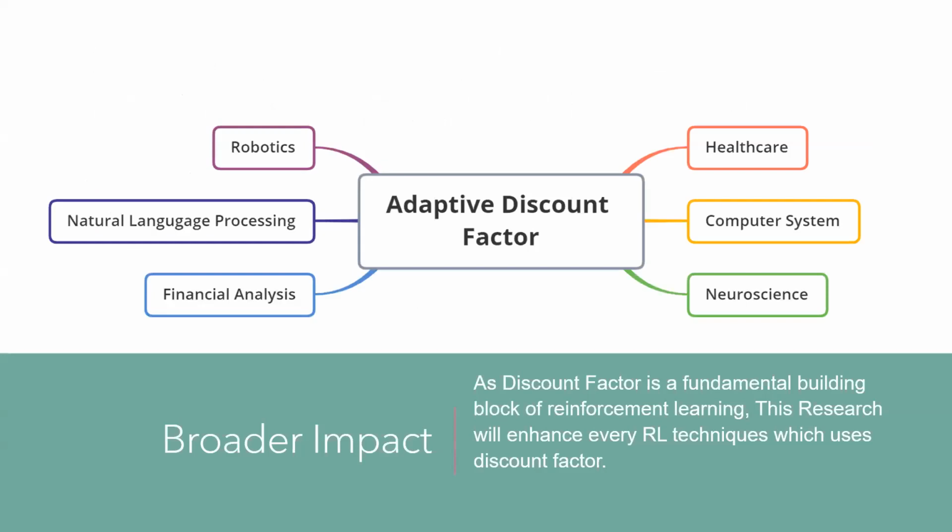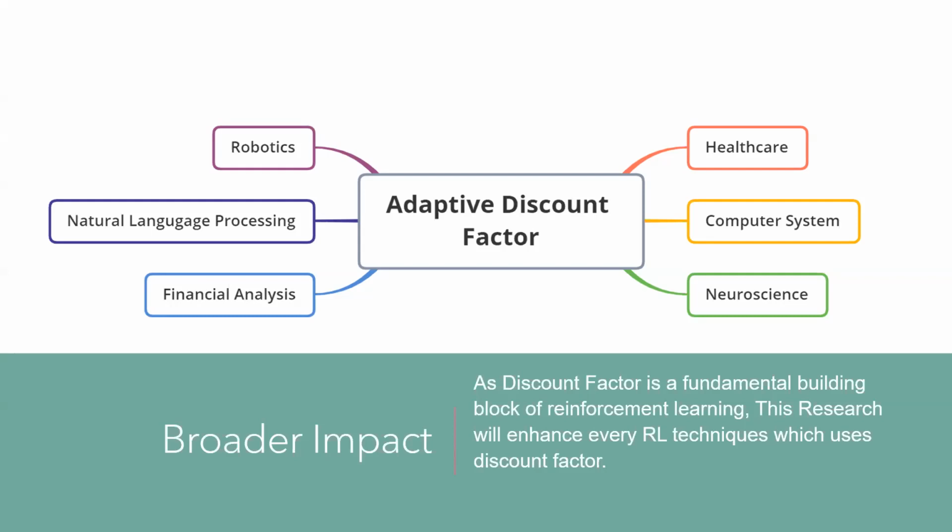And the last thing is, let's say we develop the adaptive discount factor. In other words, let's say we develop a method by which we can approximate the future unseen state and the weightage of a future unseen state in reinforcement learning.